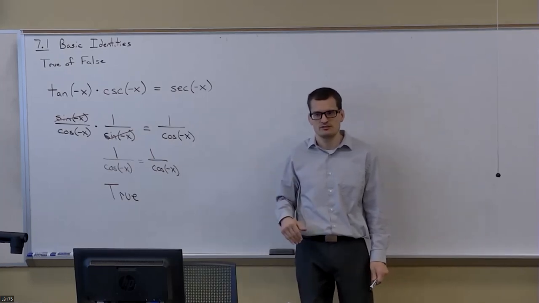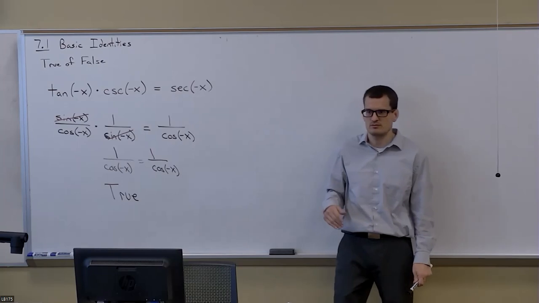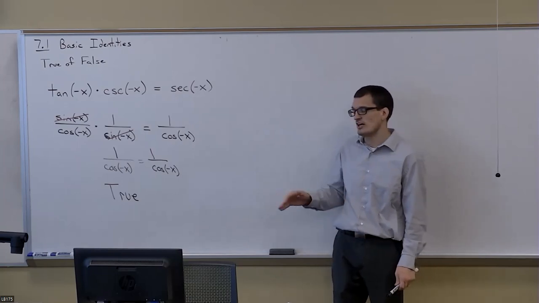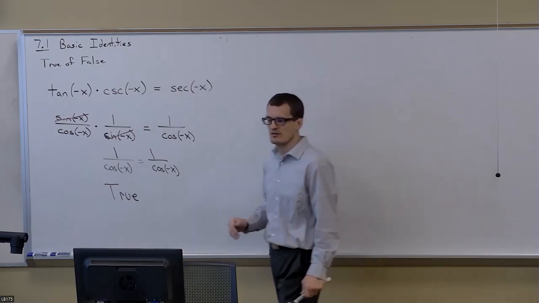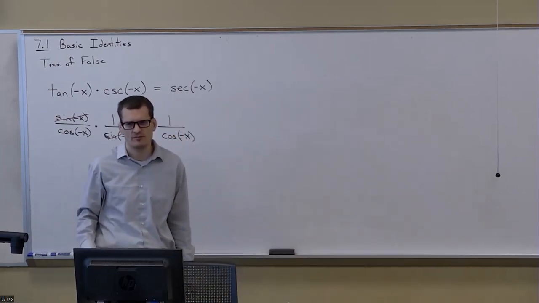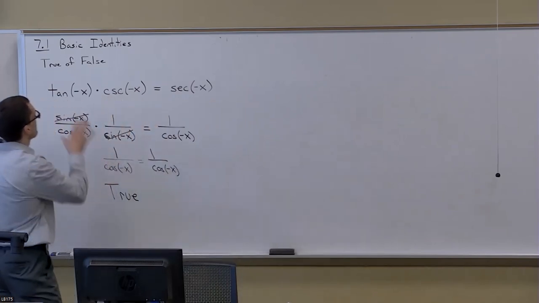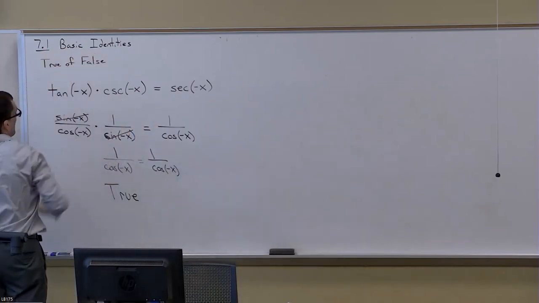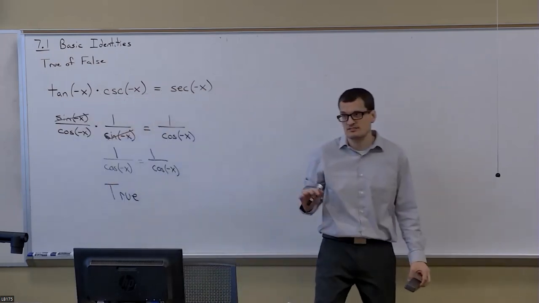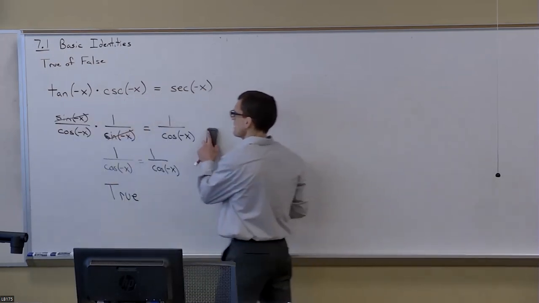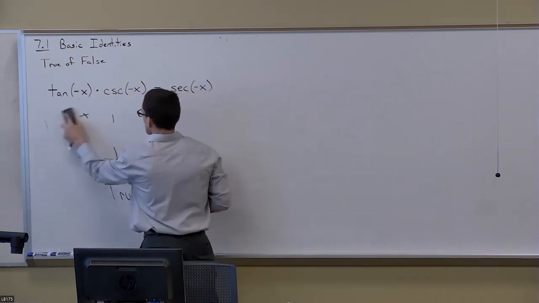Is it cosine or sine or negative cosine or negative sine, and so forth? Does that make sense? So those are the basic identities of the trig functions, the 6 trig functions and how they relate.